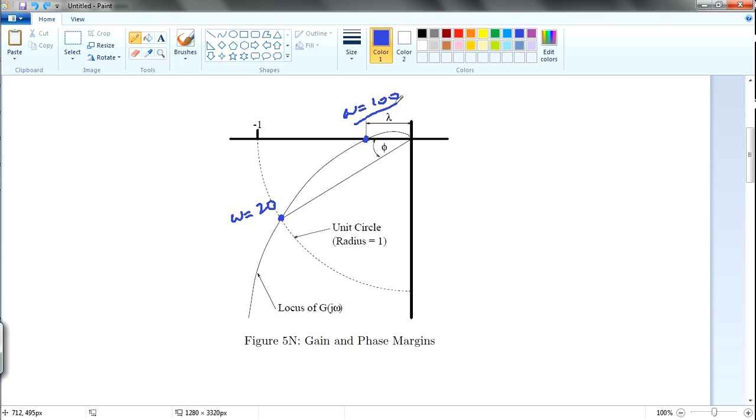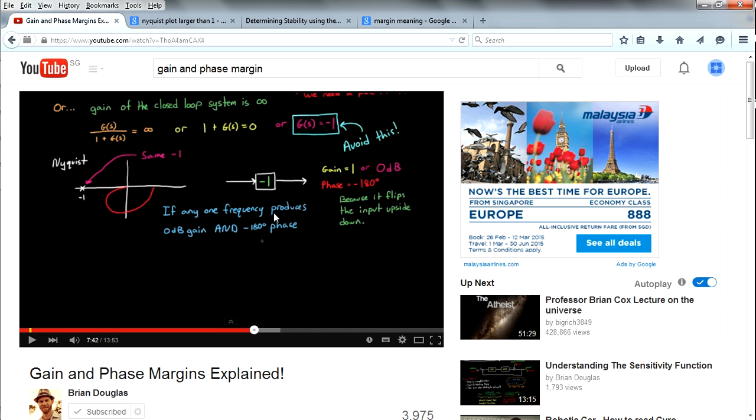safer. If I take this frequency, how much more do I go to instability, or how much lag? If you choose here, you're actually minus 180 degrees out of phase. If any one frequency produces 0 dB gain, which is gain equals 1, where the radius 1 touches the unit radius, and it's minus 180 degrees phase, your system goes haywire.